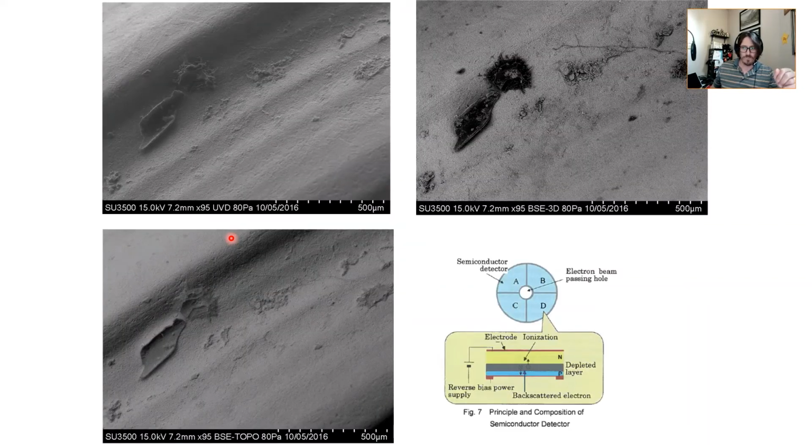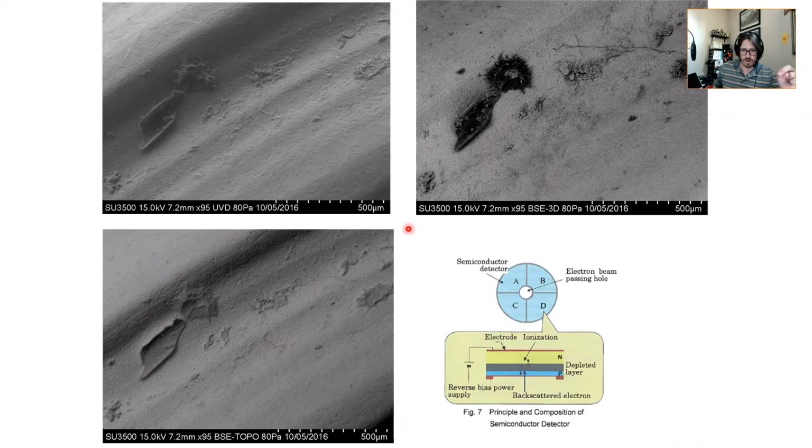This is a diagram now. There are 4 quadrants, so 4 semiconducting quadrants on these semiconductor device like backscatter detectors, and you can change the biasing, so you can change it to where some are positively or negatively charged, and that changes the imaging characteristics.